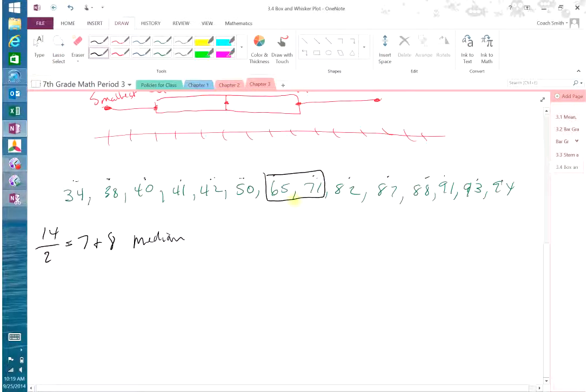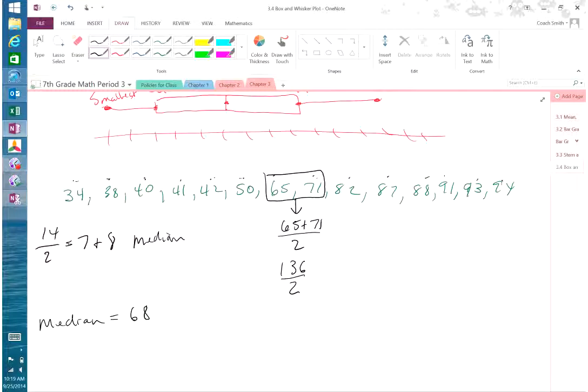So I'm going to take 65 plus 71 and divide that by 2. 65 plus 71 is 136. Divided by 2, 68. So my median is equal to 68.